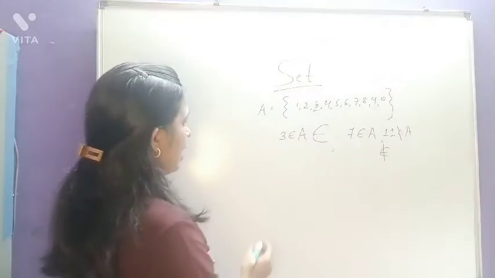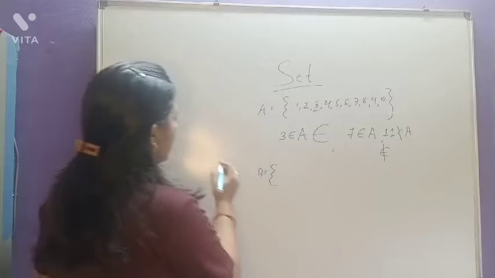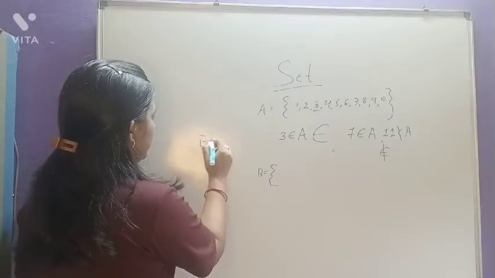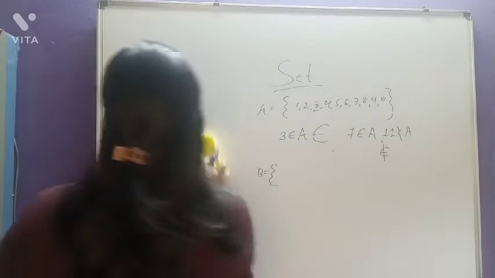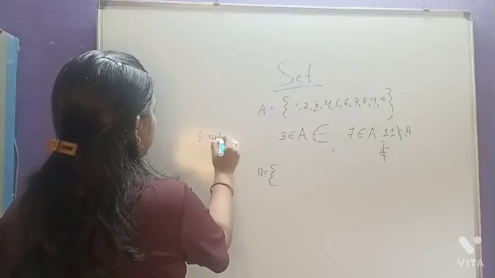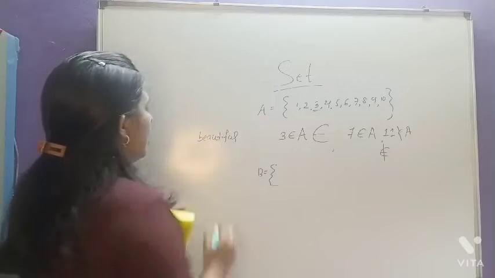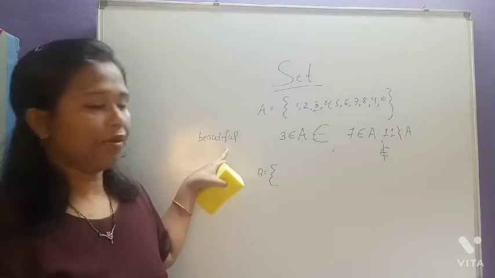Now I am making one set B. Suppose I am writing one word here, beautiful, and I am making the set of the letters of the word beautiful.